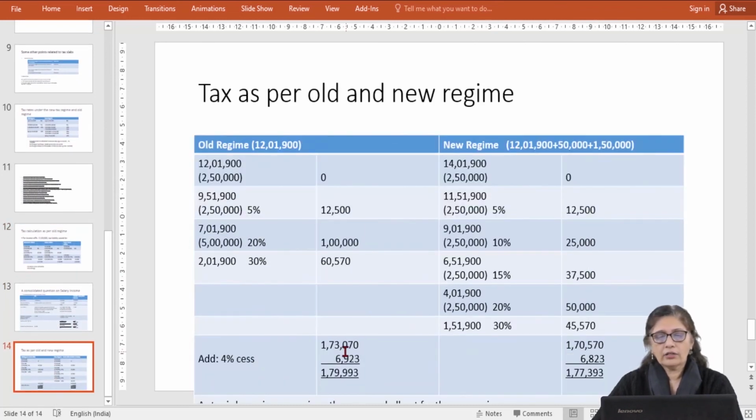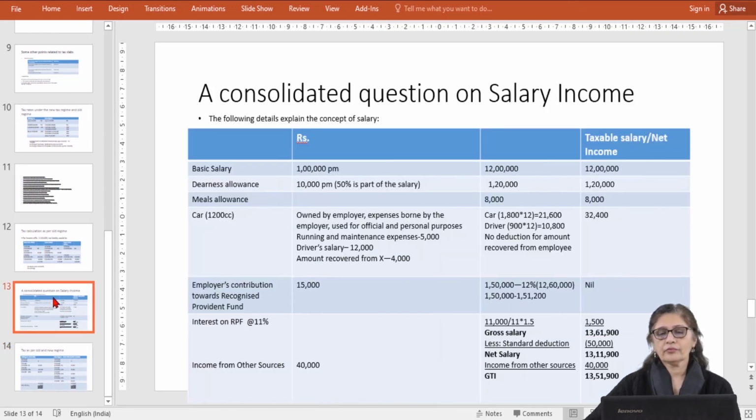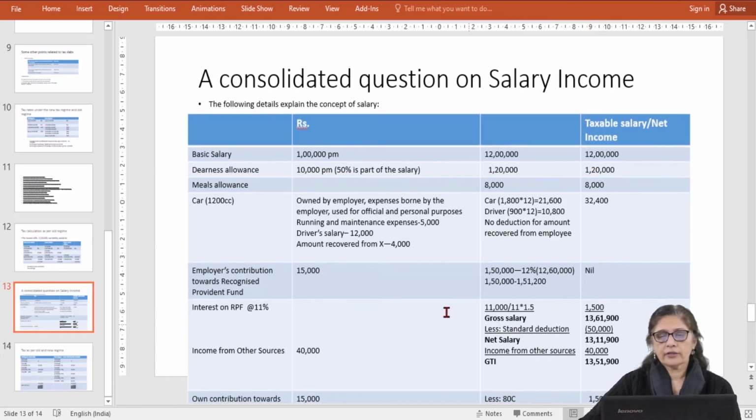We can have a hypothetical example to understand the tax liability under the old and the new regime. Let's say this is the salary structure. Basic salary 12 lakhs, DA 120, meals allowance 8,000, value of the car as per the figures appearing here 32,400, employee's contribution towards RPF nil because it is less than 12%, and this is your interest on recognized provident fund taxable beyond 9.5%.